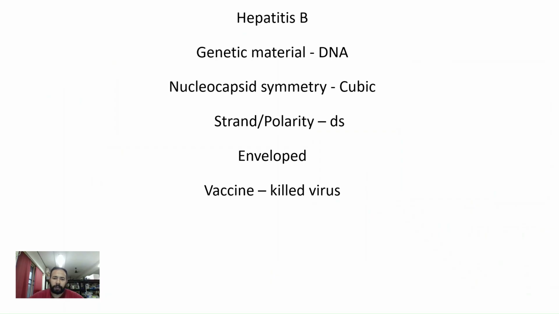And then we have hepatitis B. Its genetic material is double-stranded DNA. Nucleocapsid symmetry is again cubic. Now, these viruses have an envelope made of plasma membrane of the host cell, and their vaccine is again killed viruses.